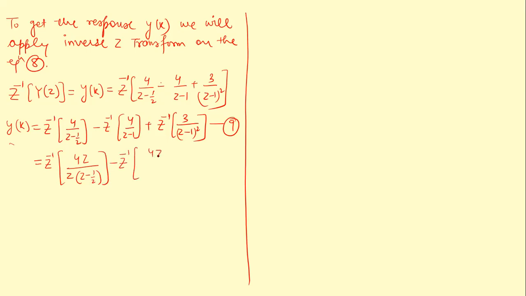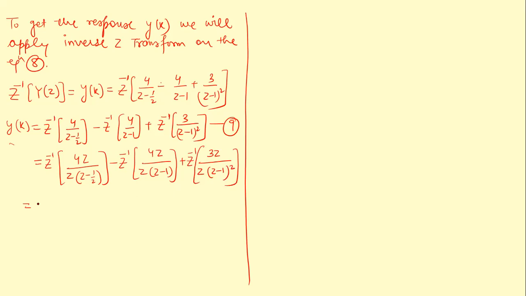So we have 4z by z into z minus 1 plus 3z by z into z minus 1 whole square, right?